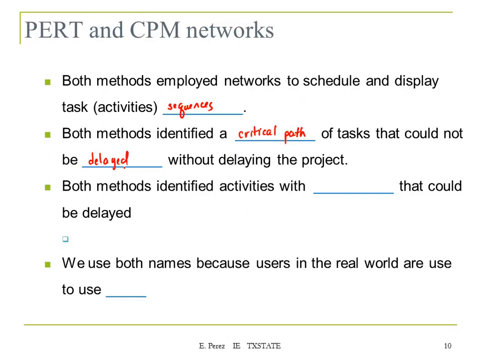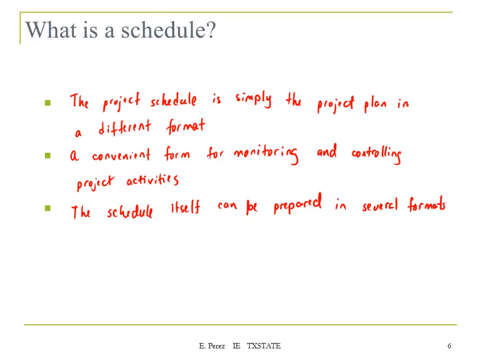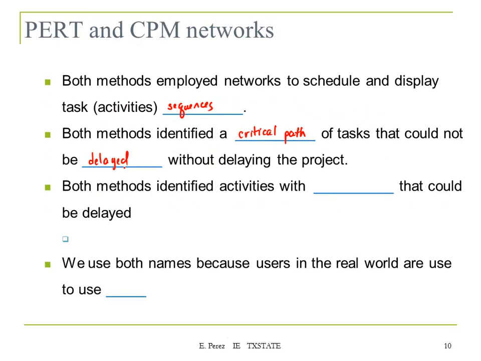Once you create your network, you identify the tasks, you find the different paths for each task, from beginning to end, then you need to identify what is the critical path, which is essentially what we just said here. Critical path of tasks that cannot be delayed without delaying the project.